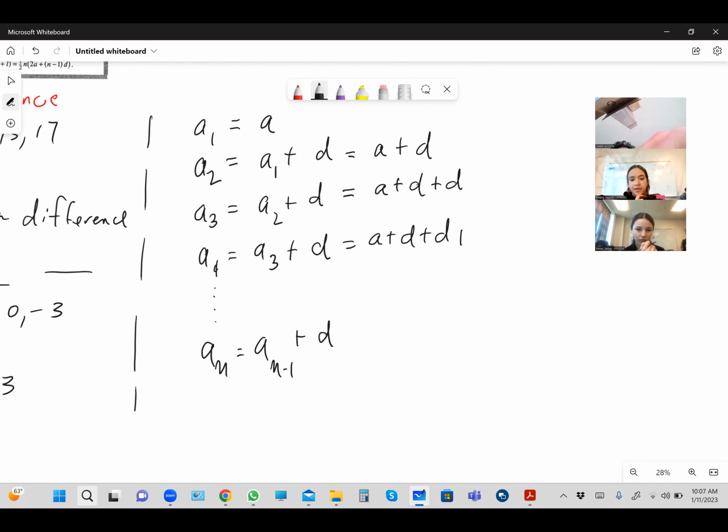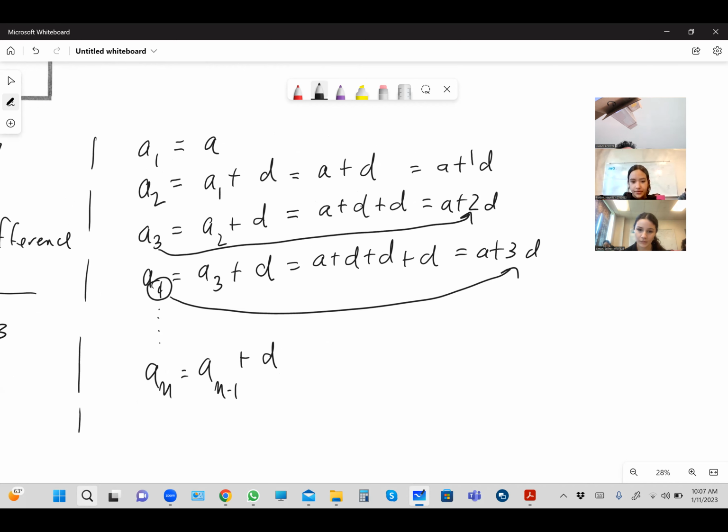Notice when we're at 4, we have 3 Ds. When we're at 3, we have 2 Ds. When we're at 2, we have 1 D. And when we're at 1, we have 0 Ds.